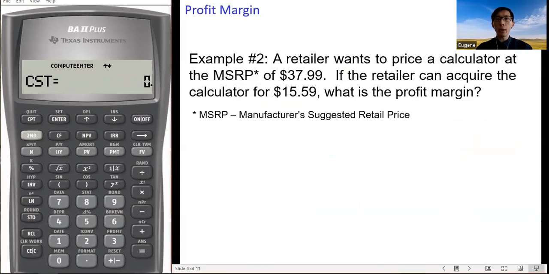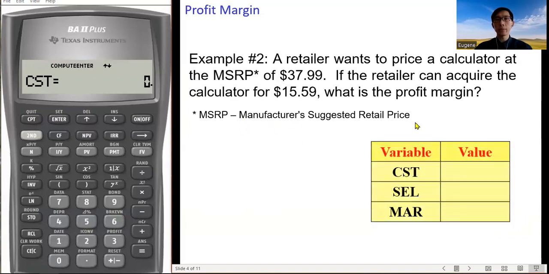A retailer wants to price a calculator at the MSRP of $37.99, where MSRP corresponds to the manufacturer's suggested retail price. If the retailer can acquire the calculator at $15.59, what is the profit margin?